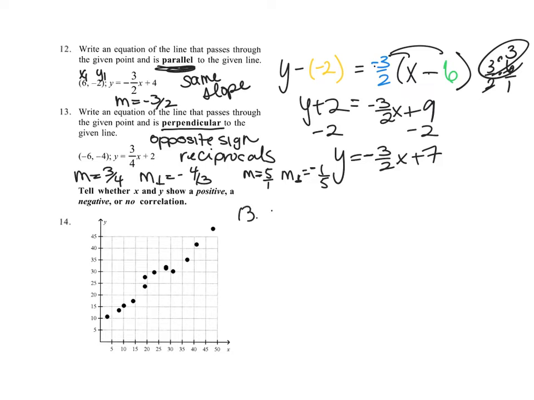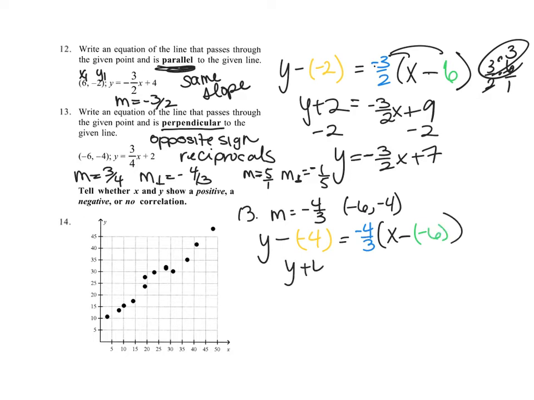So for number 13, we have a slope of negative 4/3 and a point negative 6, negative 4. And we're going to use our point slope form, y minus negative 4 equals m, negative 4/3, times x minus negative 6.